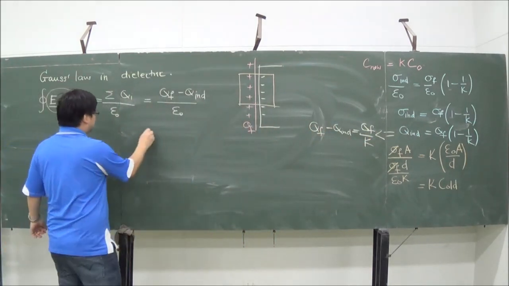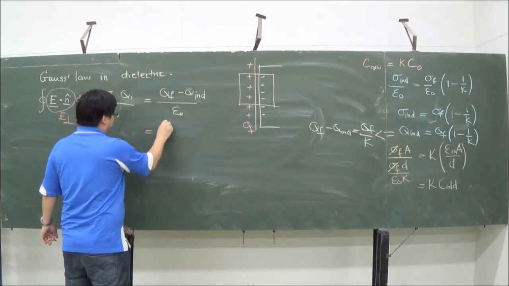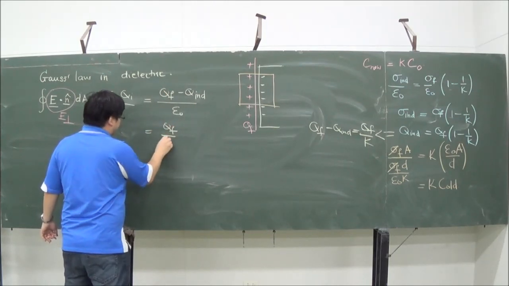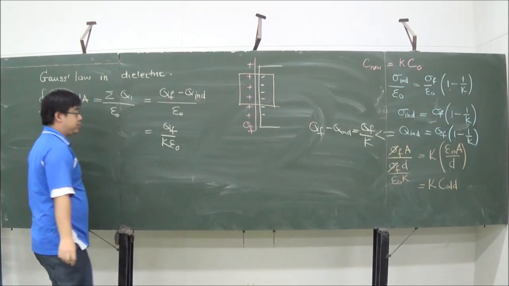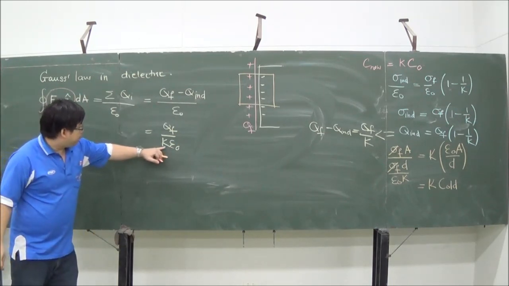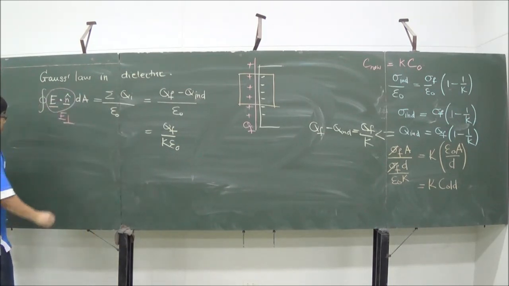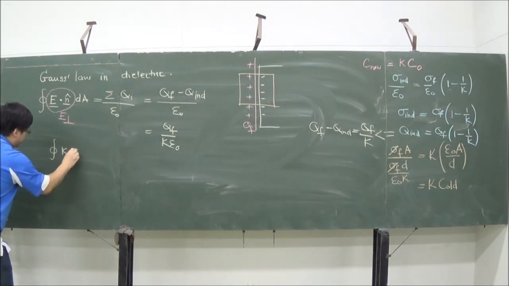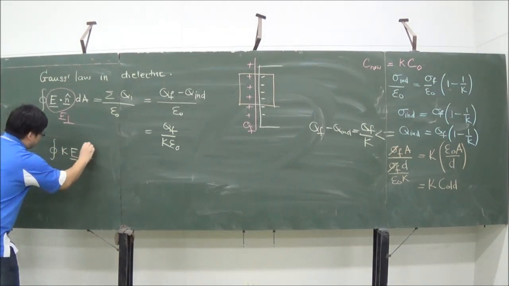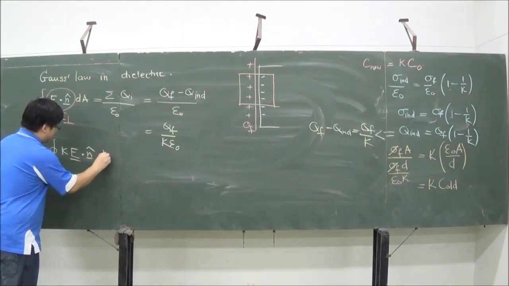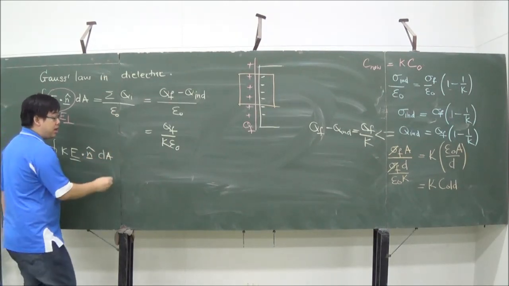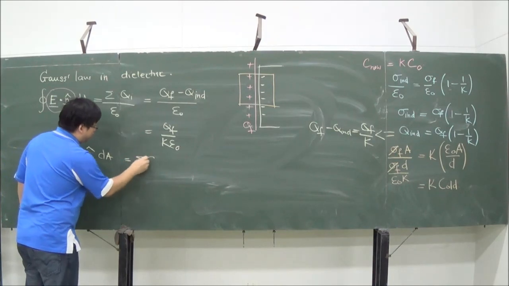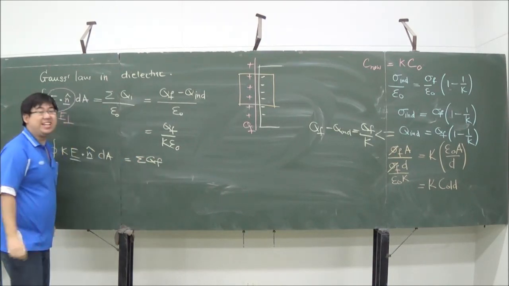So I can change this to Q free divided by kappa epsilon naught, and then I bring kappa to the other side. So my Gauss law becomes kappa E dot n dA equals the total free charge.